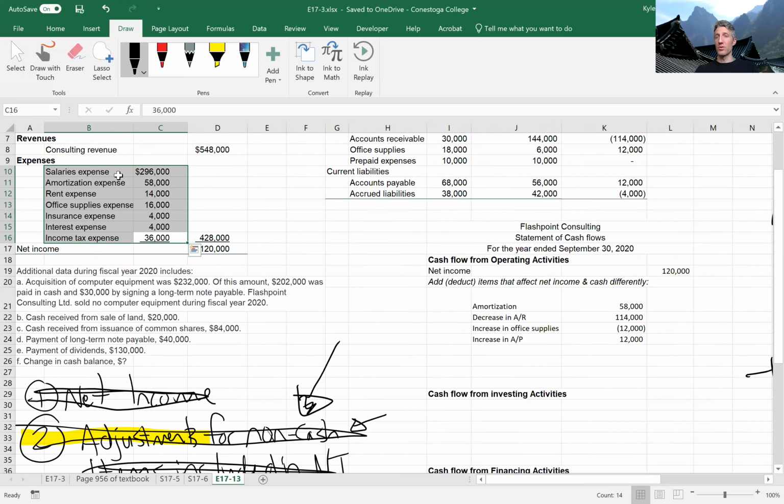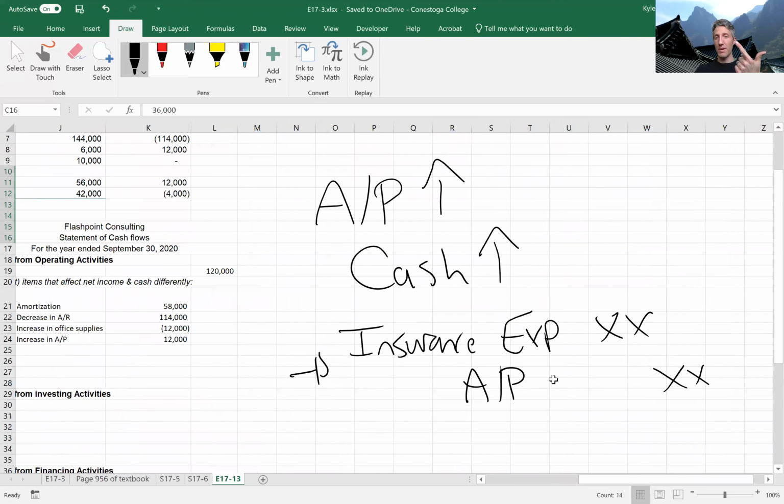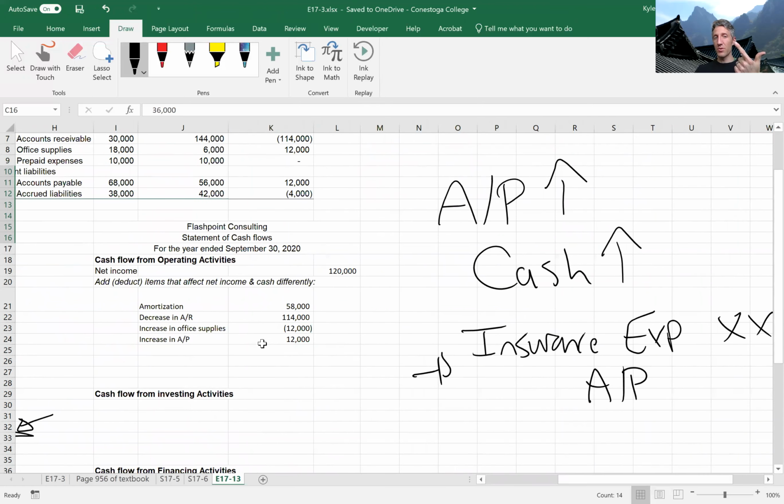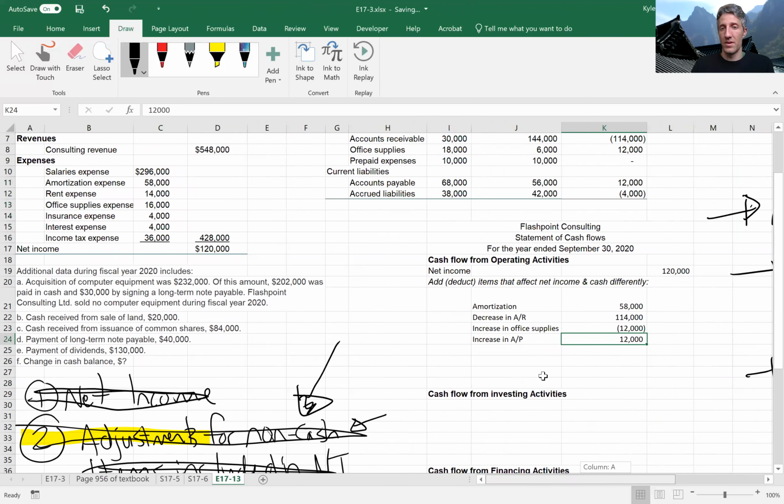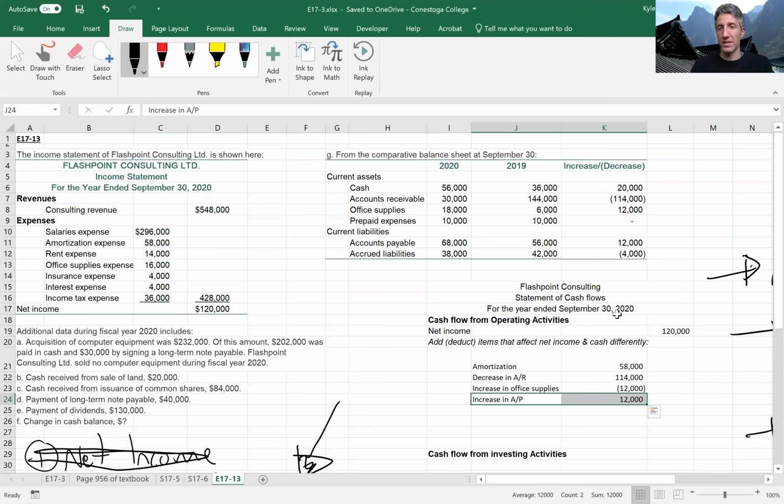Of course, they would do a journal entry to debit the expense, credit accounts payable, but if they actually haven't paid for it yet, that means we're adjusting net income for items that we haven't paid for yet, but we've recognized the expense for. So that's the rationale behind why an increase in AP would be an increase to cash. They're expenses that we haven't yet paid for. So increase to AP, add that back to cash.